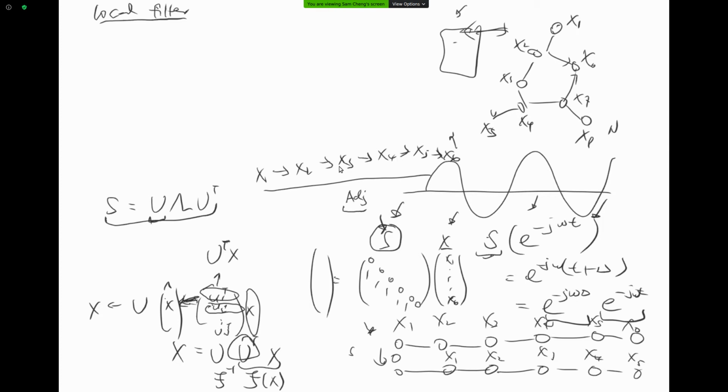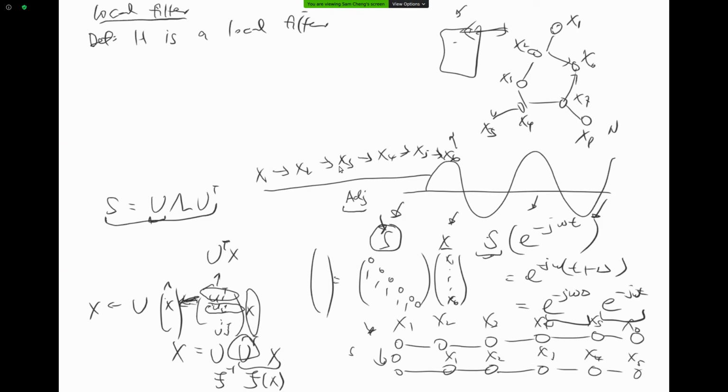I can't just say local filter and distributed filter. They have conceptually very similar motivation, but a local filter is more strict. Let me give a very precise mathematical definition, then it will become clear.